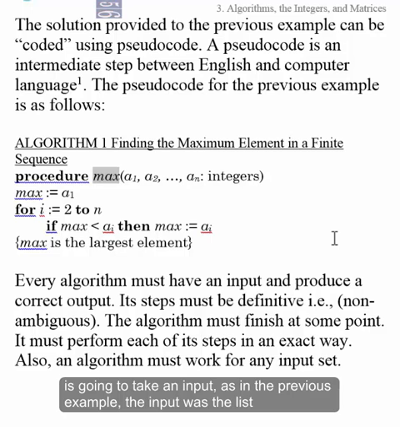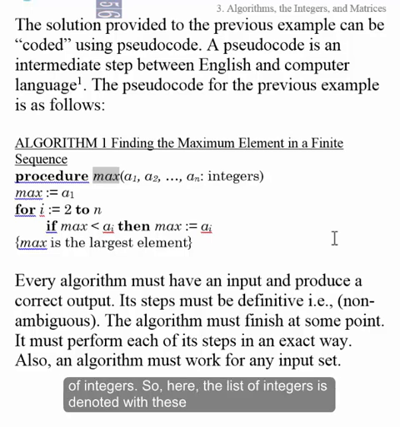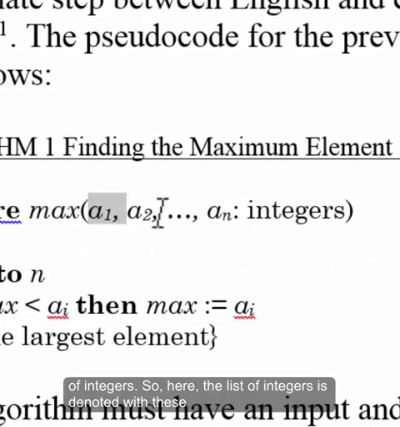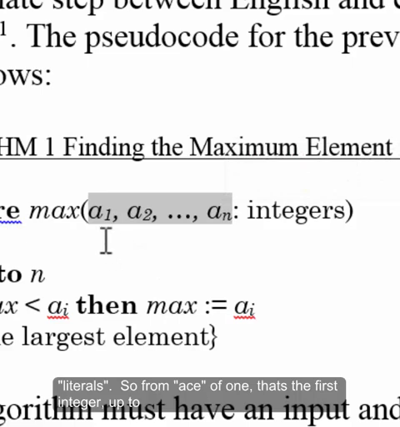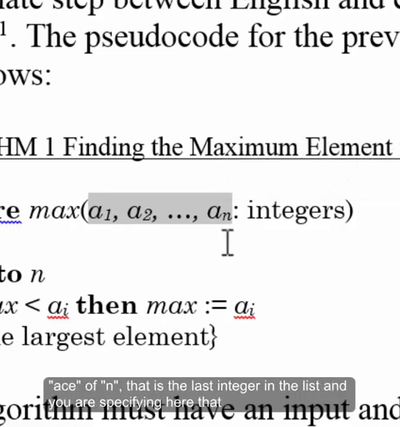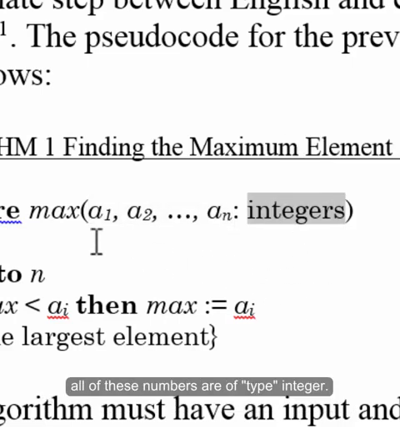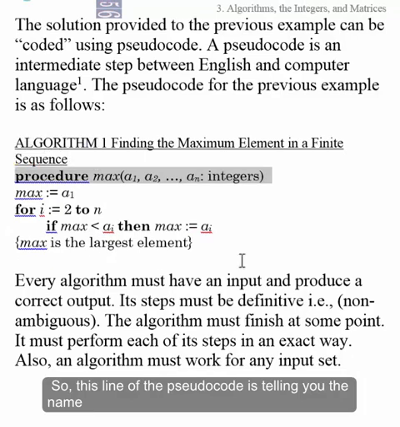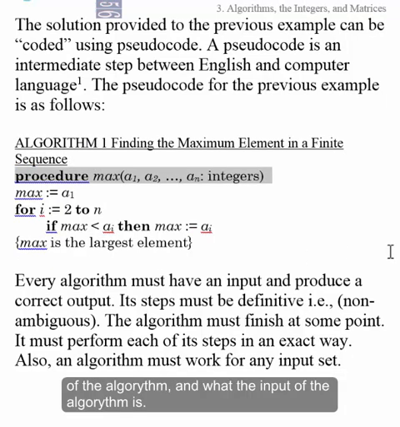As in the previous example, the input was the list of integers. Here the list of integers is denoted with these literals, from a sub 1, that's the first integer, up to a sub n, that's the last integer in the list. And you're specifying here that all of these numbers are of type integer. So this line of the pseudocode is telling you the name of the algorithm and what the input of the algorithm is.